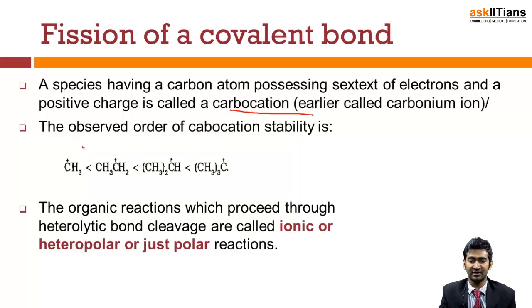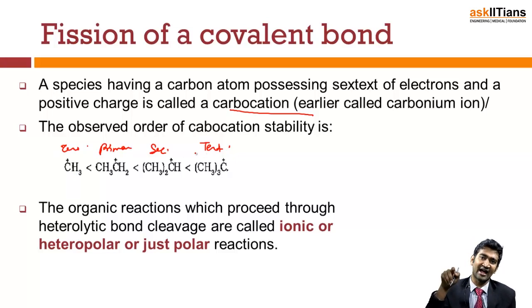And what is the stability of carbocation? Tertiary is the most stable, then secondary, then primary, then this is 0 degree. Tertiary means this carbocation is attached to three other carbons. Why is this more stable?